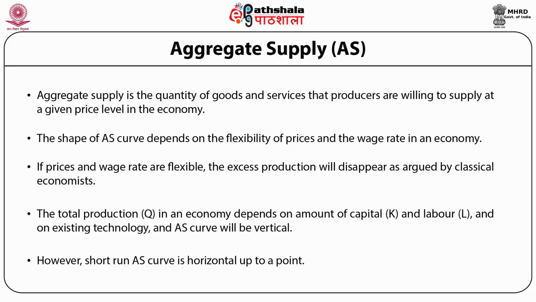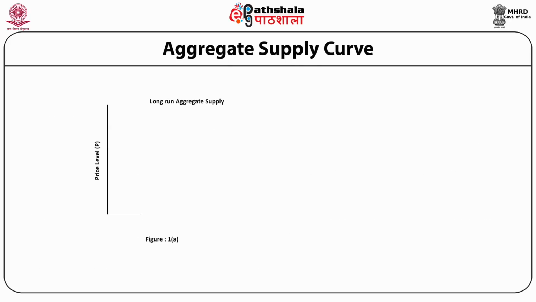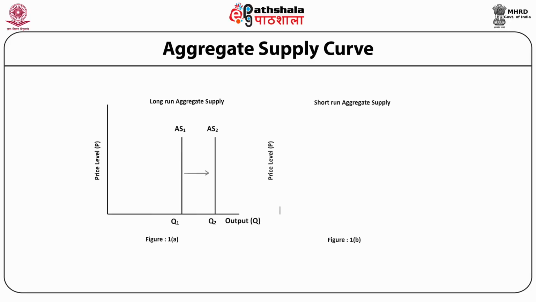Therefore, the aggregate supply curve is horizontal up to a point. However, the production cannot exceed the point where all resources are fully employed. Therefore, the shape of the AS curve will be vertical after a certain point. Figure 1a and figure 1b show long run aggregate supply and short run aggregate supply curves.